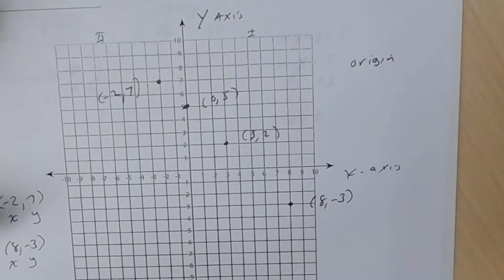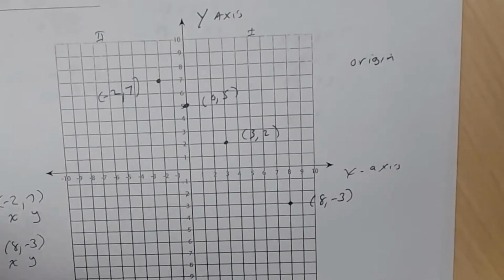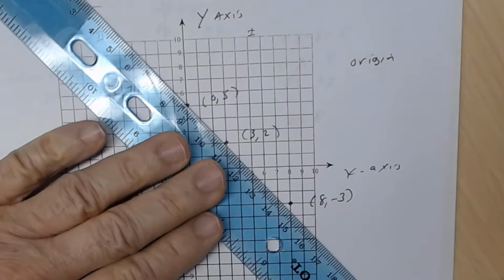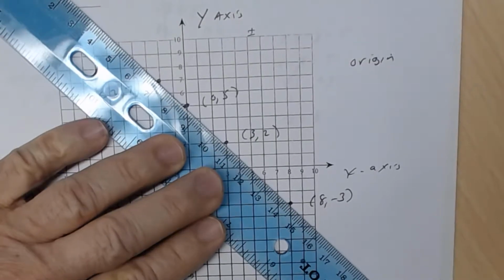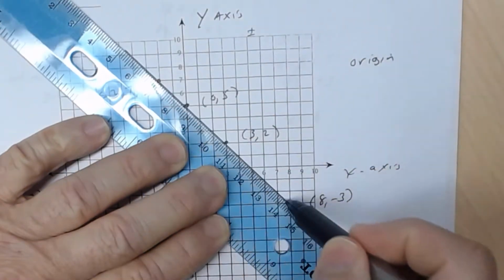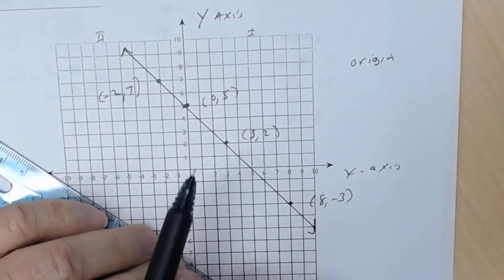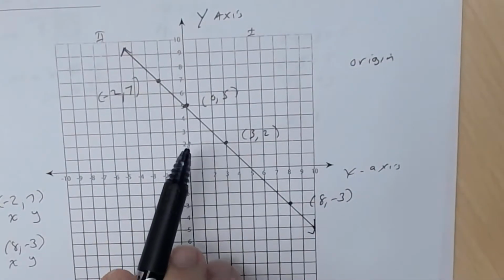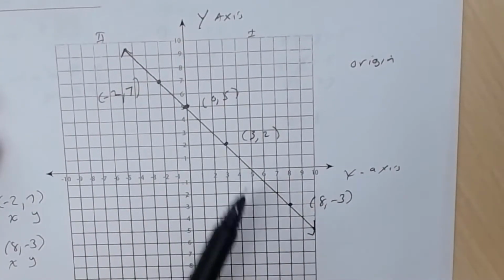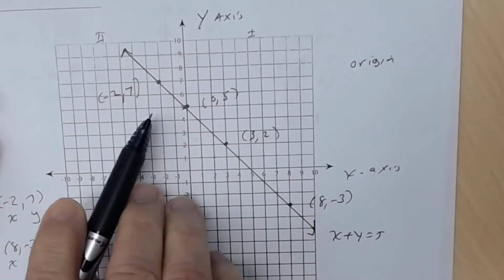If I draw a line connecting those points, and don't forget to draw an arrow, that's the graph of the line x plus y equals 5.